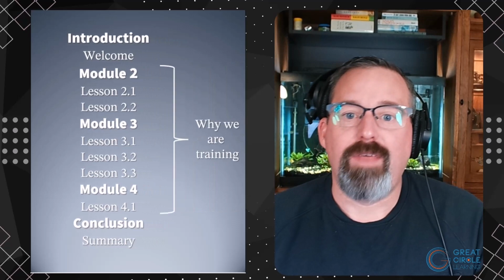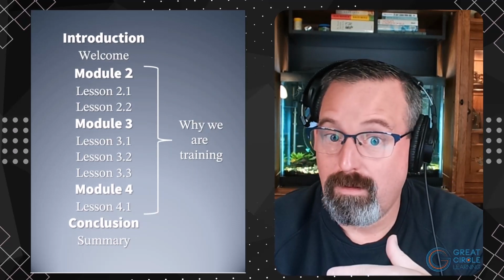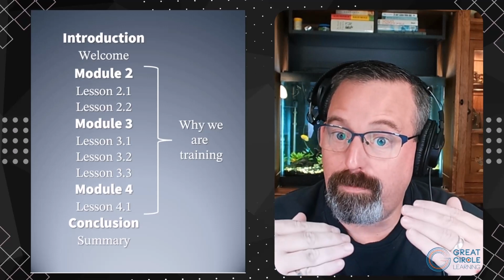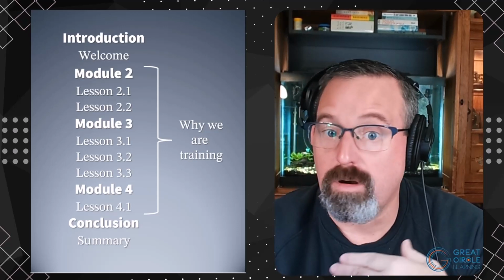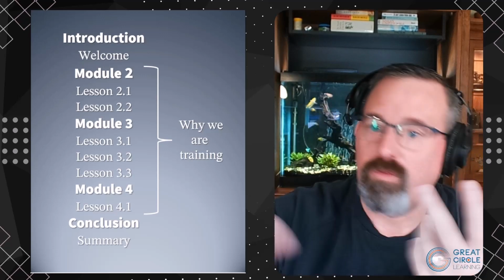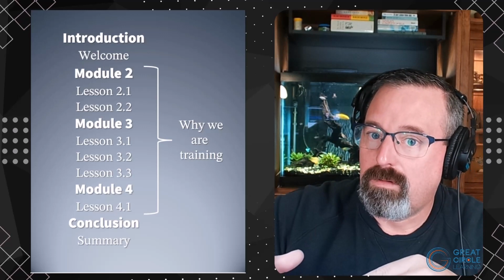All right. Then we get into, in this case, modules 2 through whatever, the actual meat and bacon and cheese or whatever you like to have in your sandwich or burger. That's why we're doing the training. And then we get into the conclusion module, right?